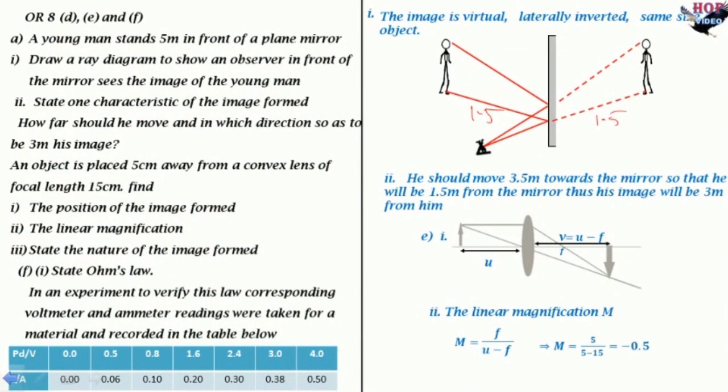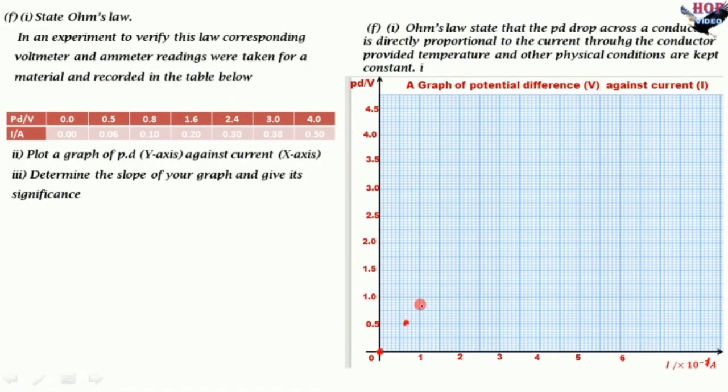The question says state Ohm's law, then the given experiment. To plot the graph, what you should first do is make sure you draw your axes, the horizontal and vertical axis. You label them PD and current. Now, if you look here, I've multiplied current by 10 to the negative 1 ampere.